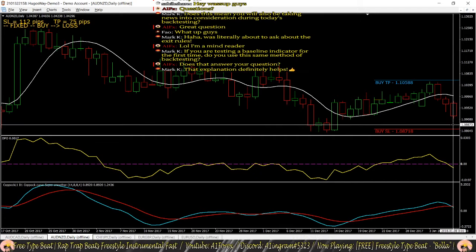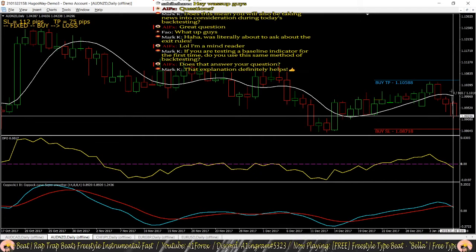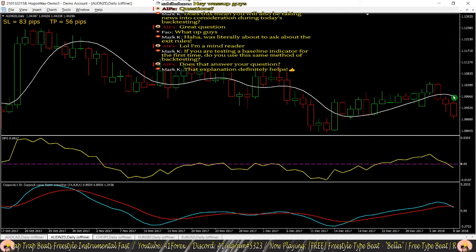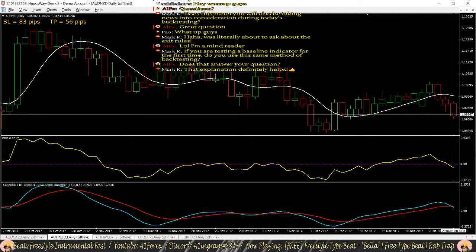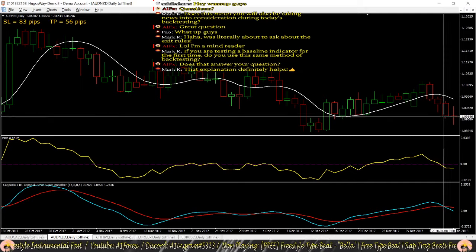All right, so 1.8, we're going to measure if it's 1 ATR. That is definitely not 1 ATR, and there's no pullback.